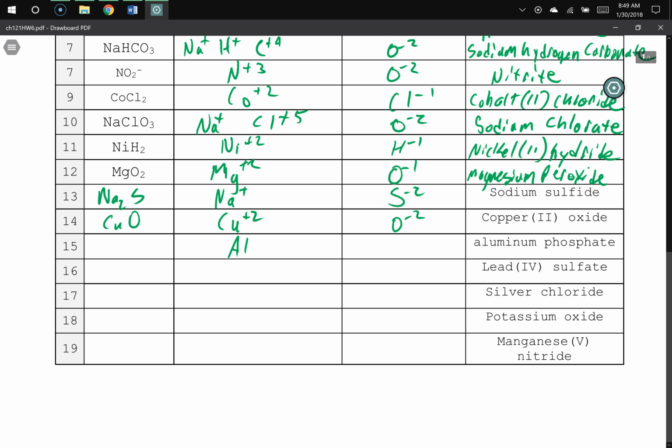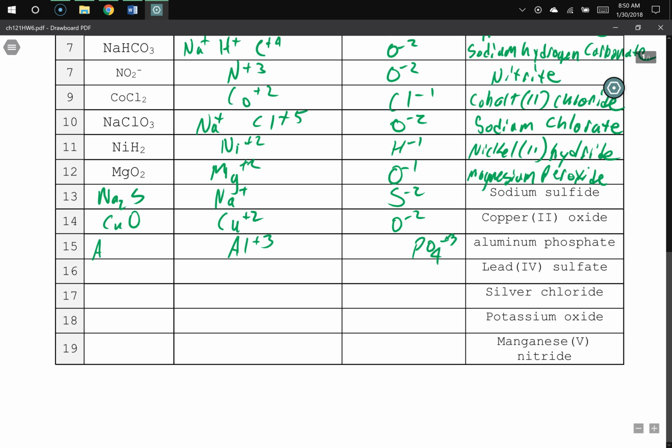All right, so I have an aluminum. This one's a little tricky, and I would do this one piecemeal. What I mean by that is I would put down a phosphate here, and I'd know the phosphate's charge is a -3. And how are you supposed to know the aluminum's charge? It's 3. On the table it says +3.